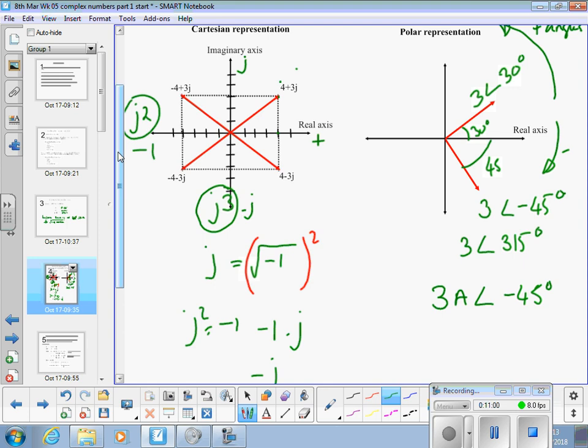In the second quadrant, minus 4 on the real axis, because we're going left, and then positive 3 upwards: minus 4 plus 3j. In the third quadrant, they're both negative, because we've got minus 4 on the x-axis and minus on the y-axis. And in the fourth quadrant, we get a negative imaginary part.